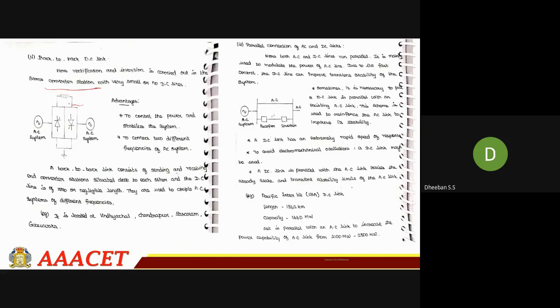So that's the main important thing. You can make it in the same converter by having an excess amount of switches. It is indeed possible by having more number of switches.